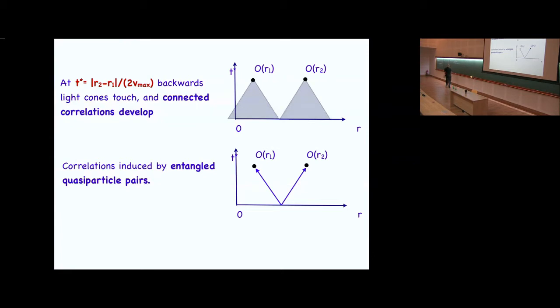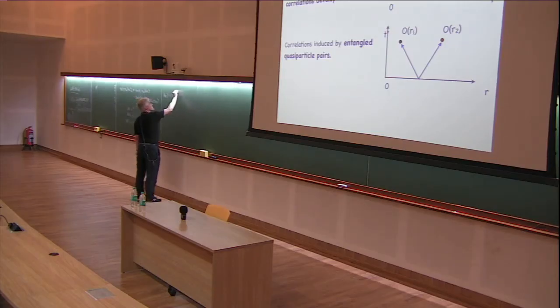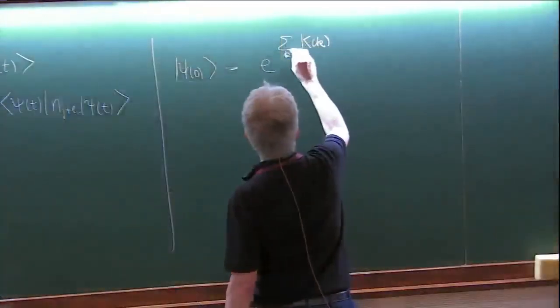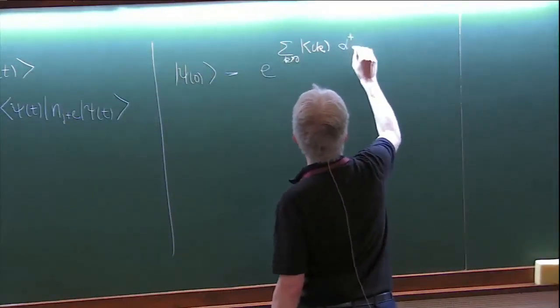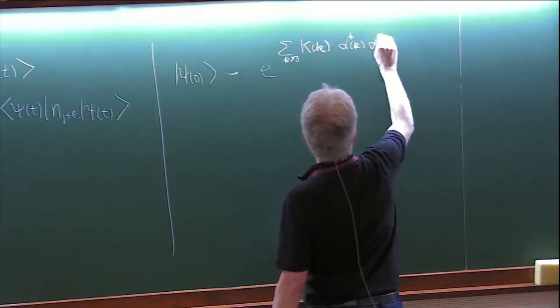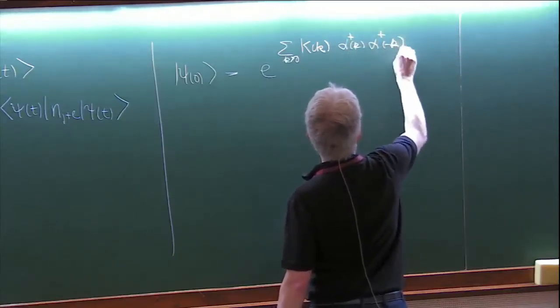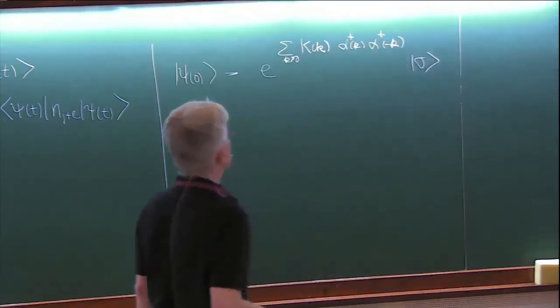So you can write psi of 0 in these examples in this way: e to the sum over k, some matrix, and let's just say here alpha dagger of k, alpha dagger of minus k on some vacuum state.